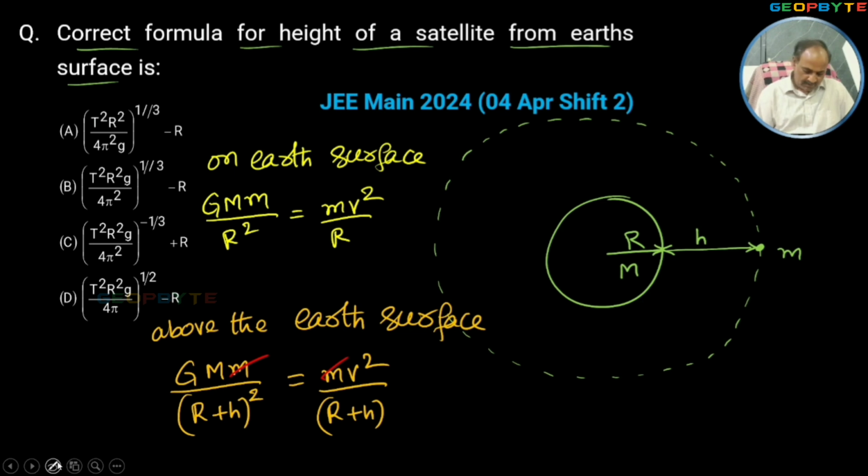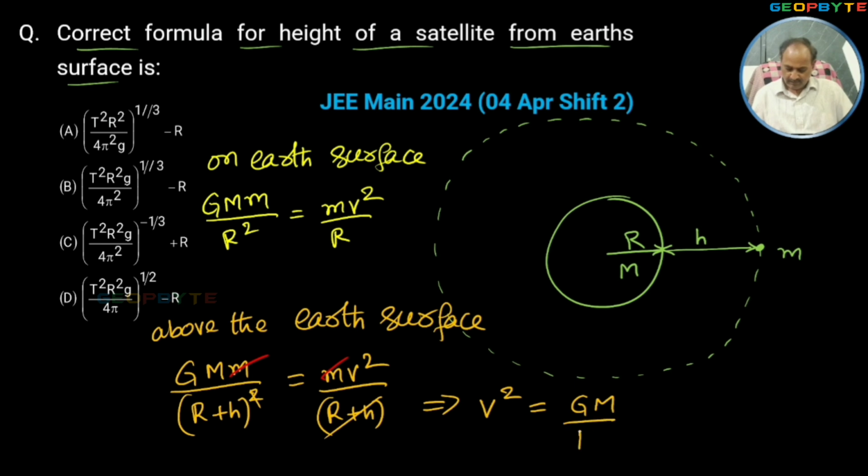Then it can be written as, listen carefully. From this I can write that v square equals, r plus h is cancelled, GM by r plus h. Absolutely correct. Let us take another slide. Here v square equals GM by r plus h.